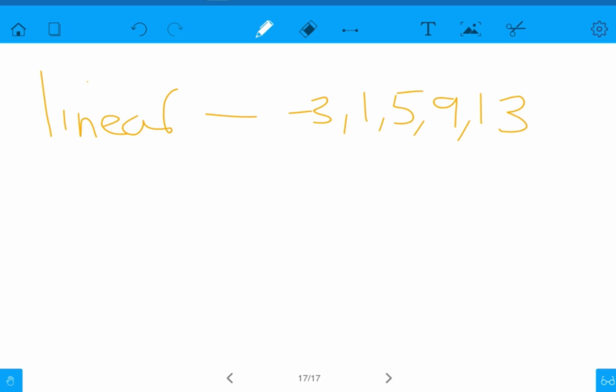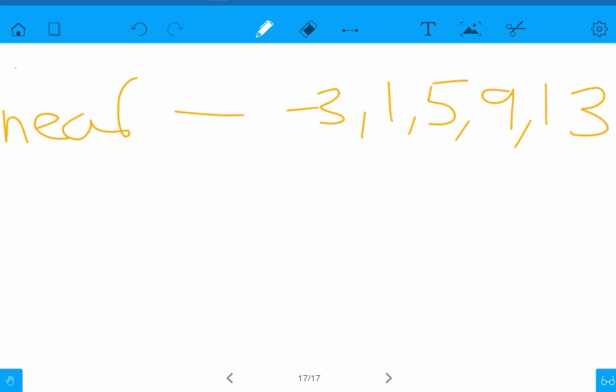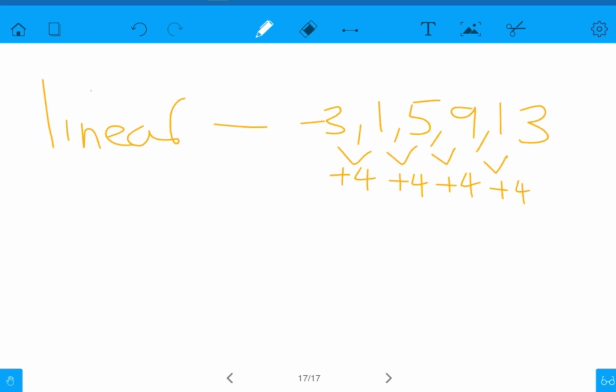So in this case, minus 3 to 1 is plus 4. And then 1 to 5 is plus 4. 5 to 9 is plus 4. And 9 to 13 is plus 4. And so where the difference between terms is always the same number, that's the linear sequence.